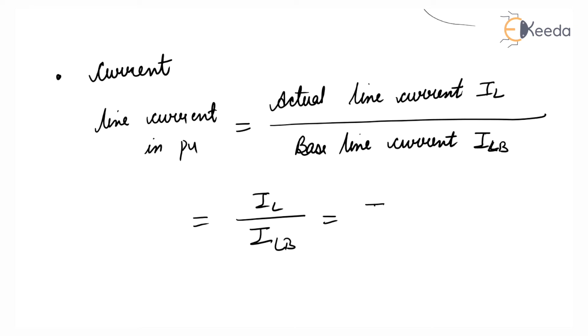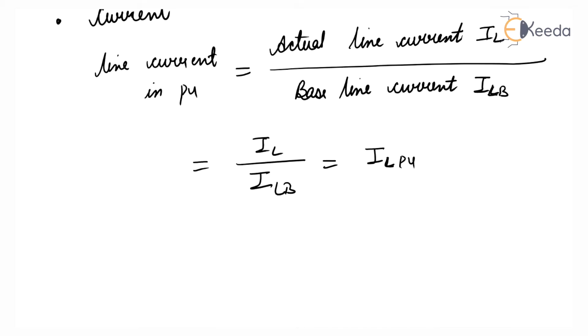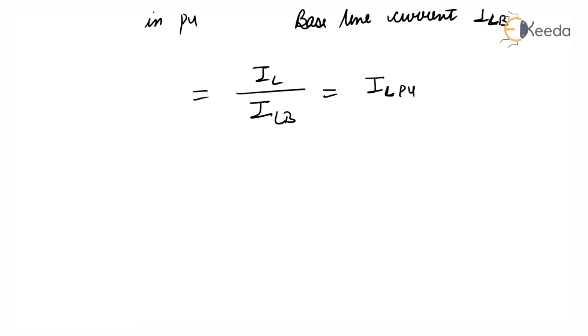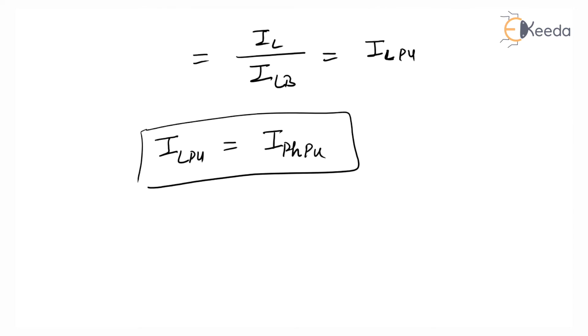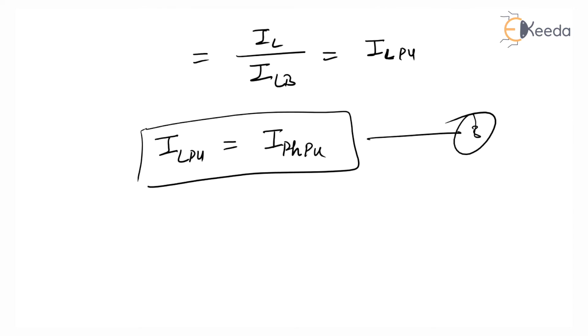This is equal to IL per unit, the line current per unit. Now we know line current is equal to the phase current, so IL per unit is equal to I phase per unit. Line current per unit is equal to phase current per unit. Suppose this is equation number 3.